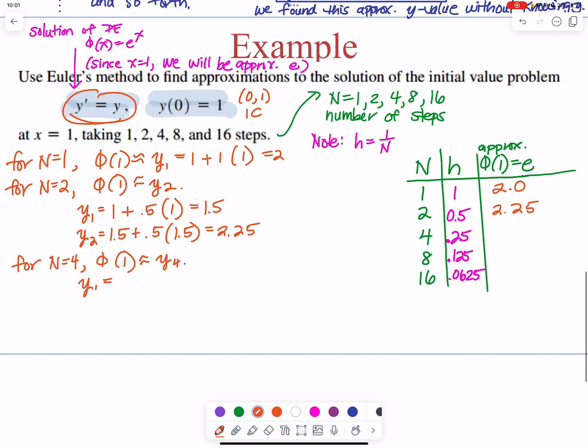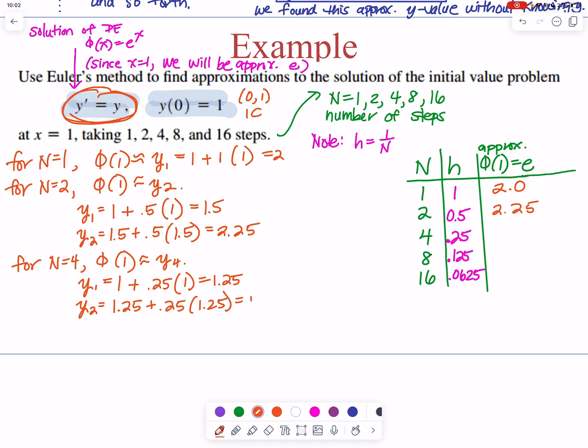Here we have the previous, that would be y sub 0, plus our step size, which is 0.25, multiplied by the derivative evaluated at that point, which is just our y value, which is 1. And here we would get 1.25. Going to the second step, we have 1.25 plus our step size multiplied by 1.25, and you'll get 1.5625. Let's go to y3.